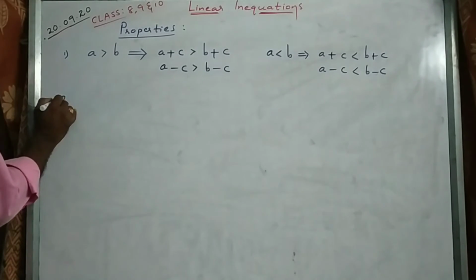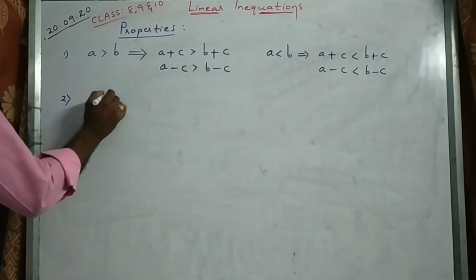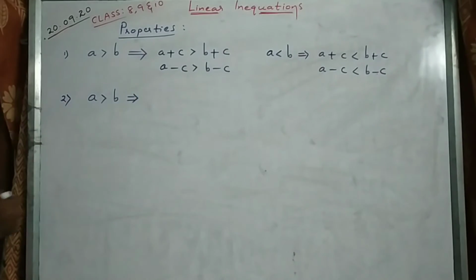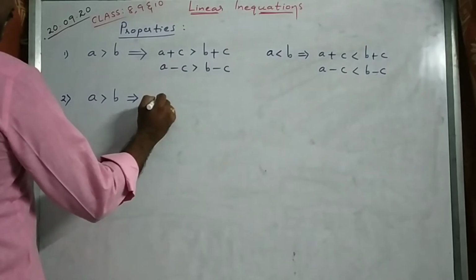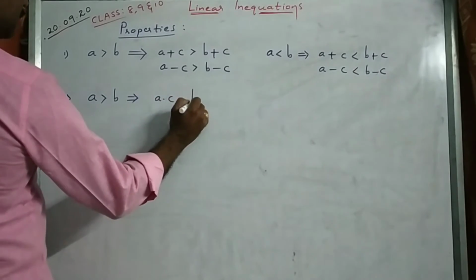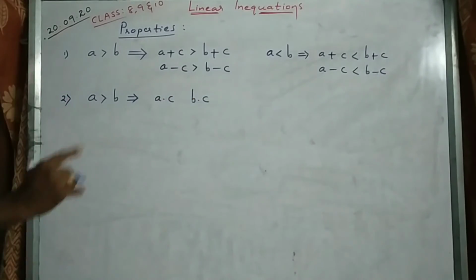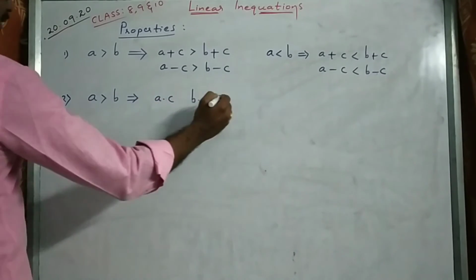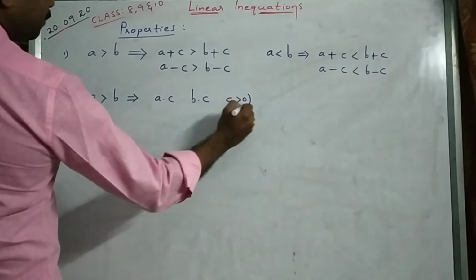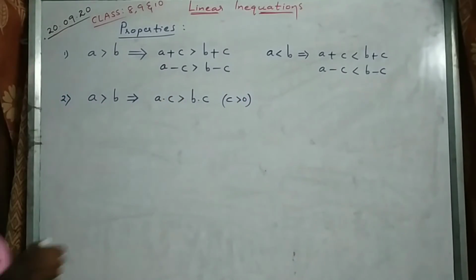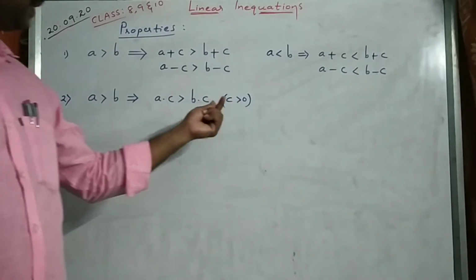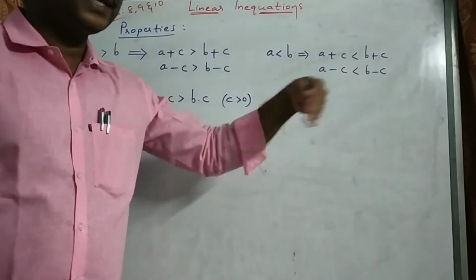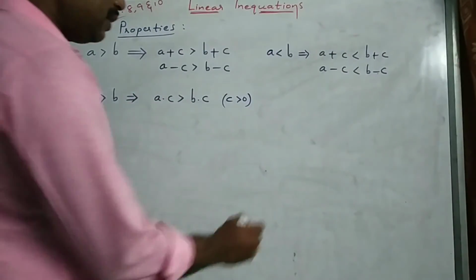That is the first one. For example, take the same inequation again, A greater than B. So we can multiply the same number C on both sides. But here one condition is there: C must be positive. Positive number means what? C greater than 0, above 0. Above 0 all are positive numbers.